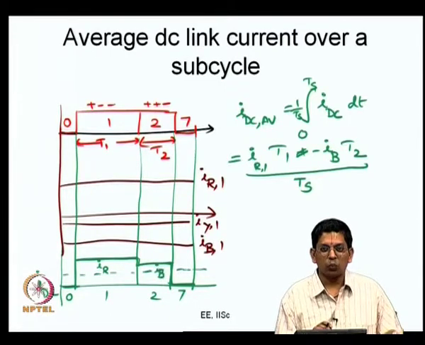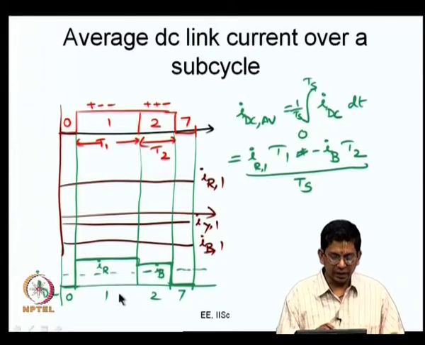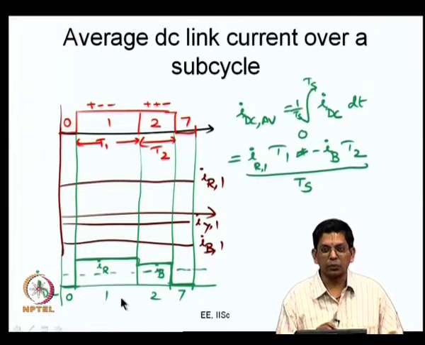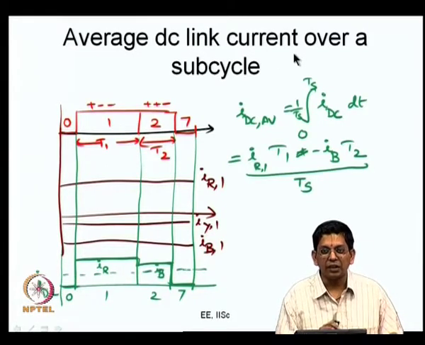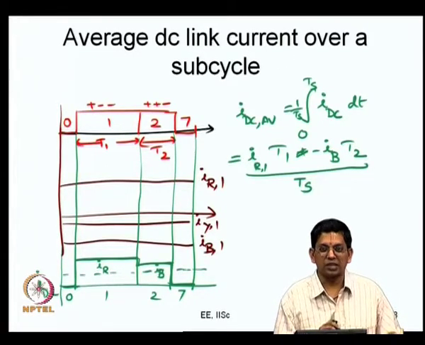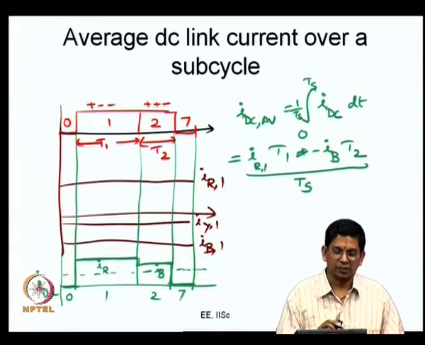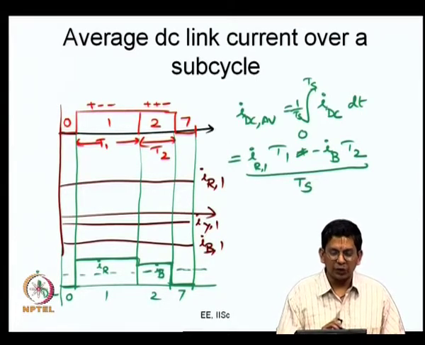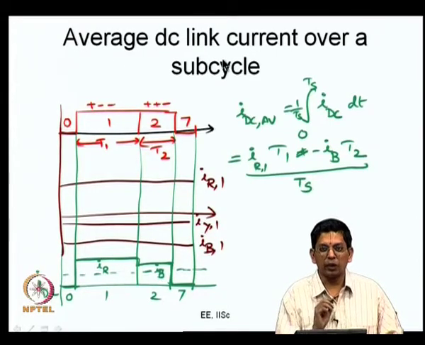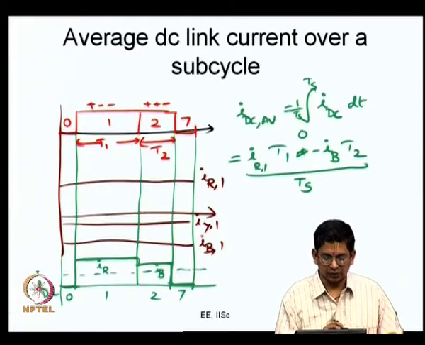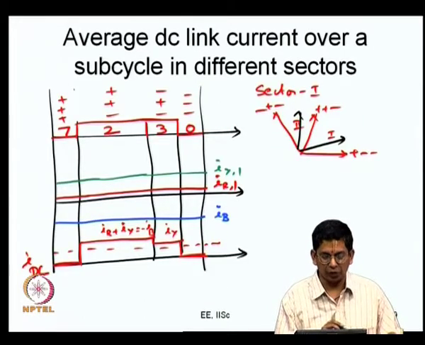If you are considering one subcycle in sector 1 and another subcycle exactly 60 degrees away in sector 2. So, this DC link current has a periodicity of 1/6 of the fundamental cycle or just one sector. So, that is the periodicity of that, and when you want to evaluate this DC link current or its average value, you basically can just look at evaluating over one sector. That is one good way of doing it now.